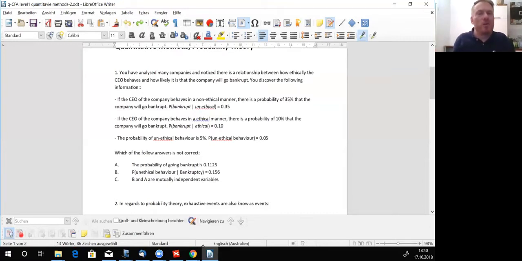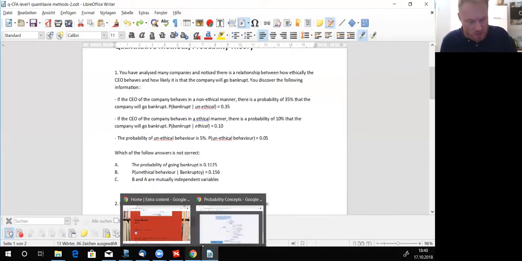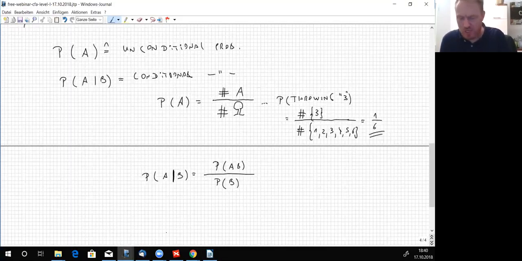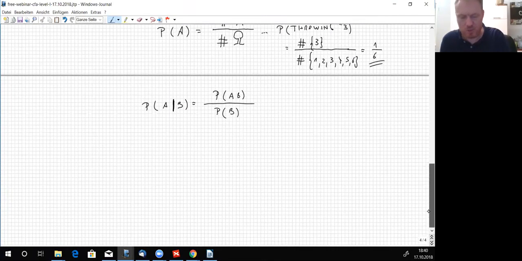It could go bankrupt if the CEO behaves unethically, and of course, it could go bankrupt just as well in the other case, if he or she does not behave unethically. So first, we can see if he or she behaves unethically or not. Meaning that we have a tree. We have a tree, as we call it in statistics and probability theory.